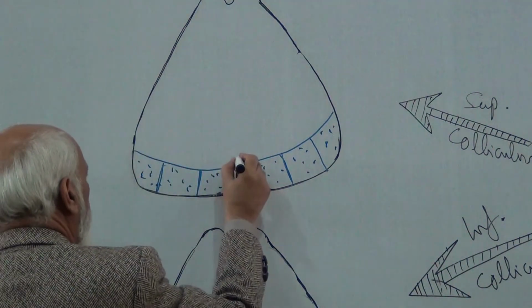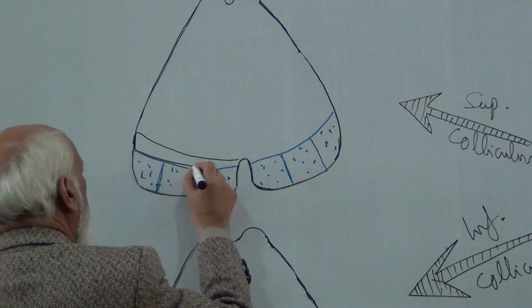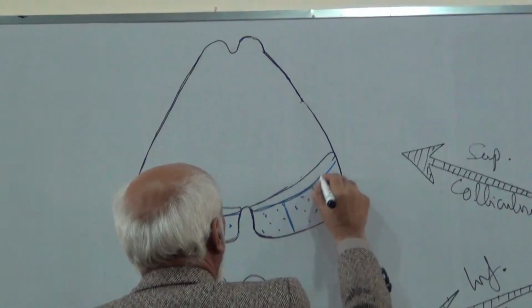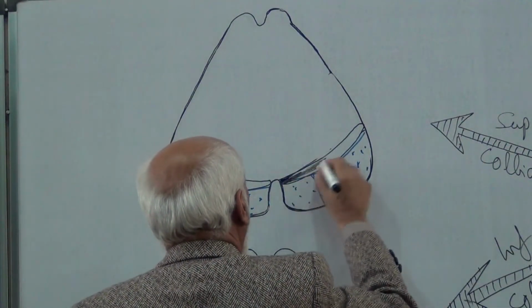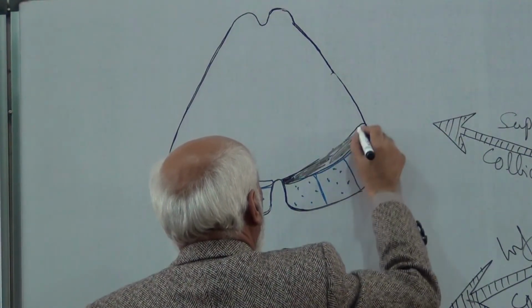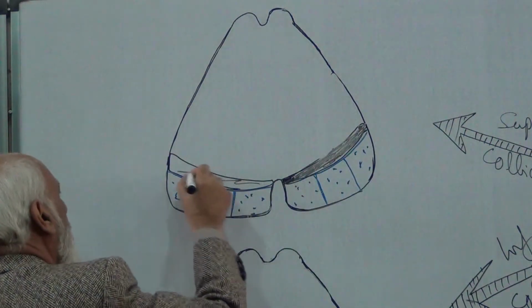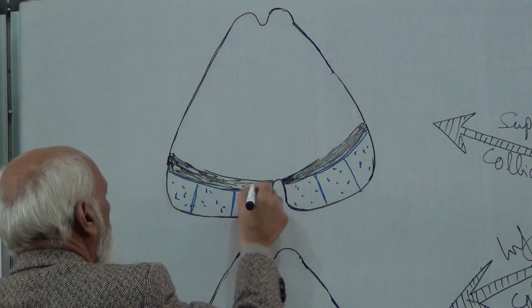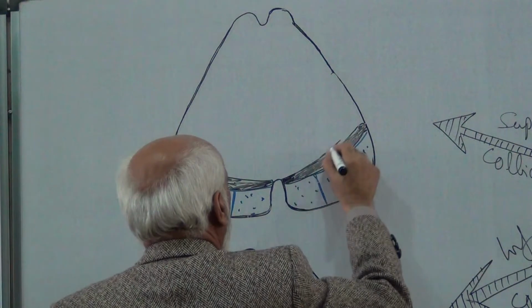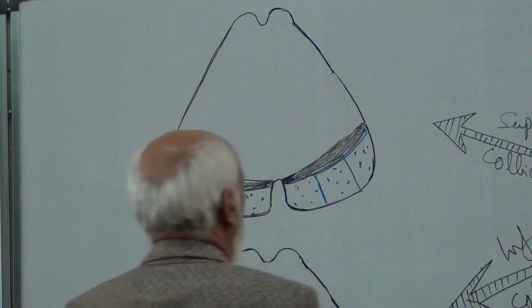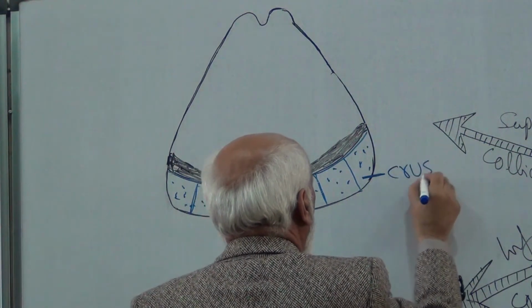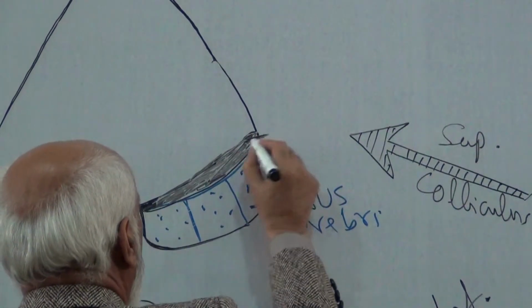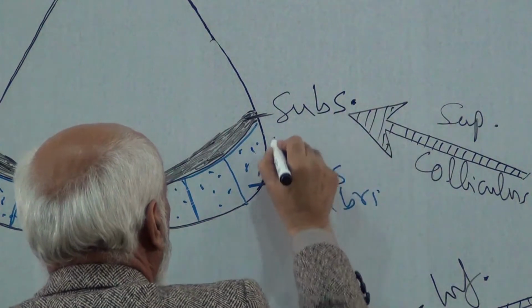And behind the crus cerebri is the substantia nigra.